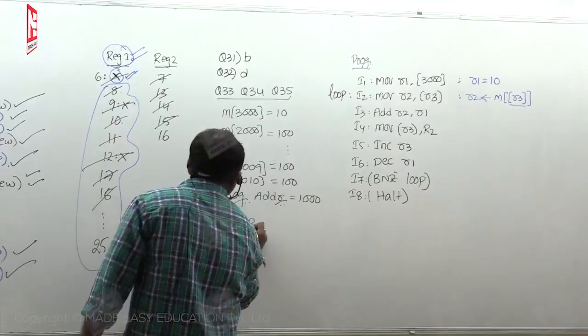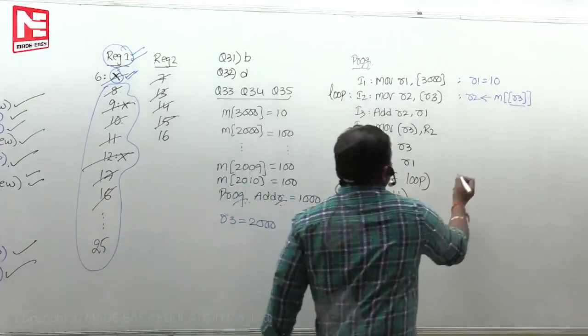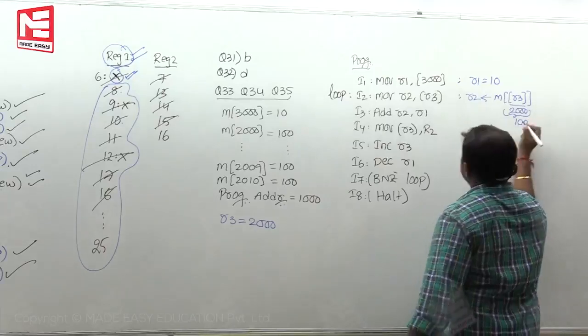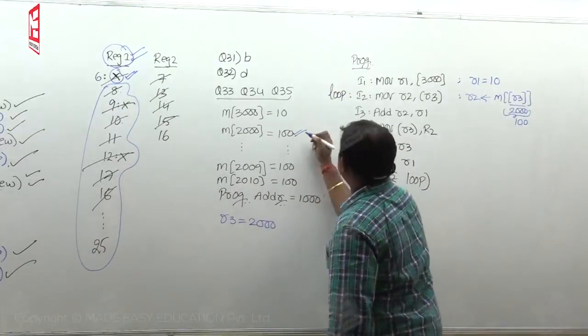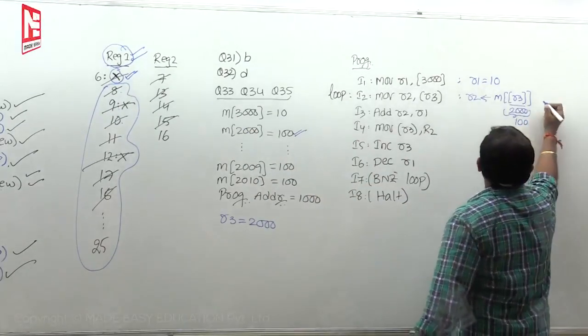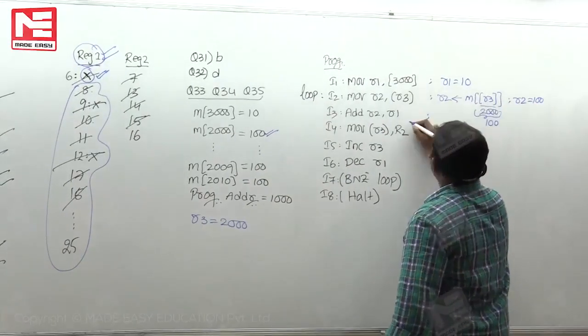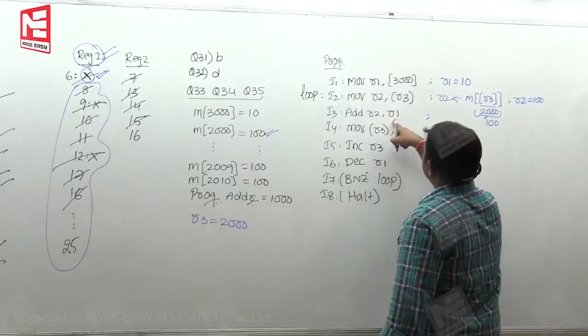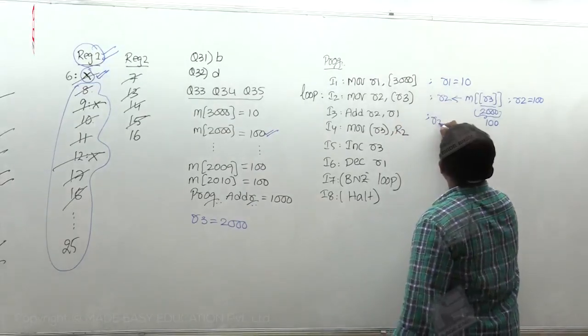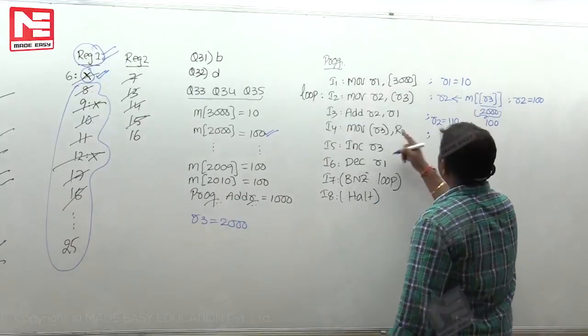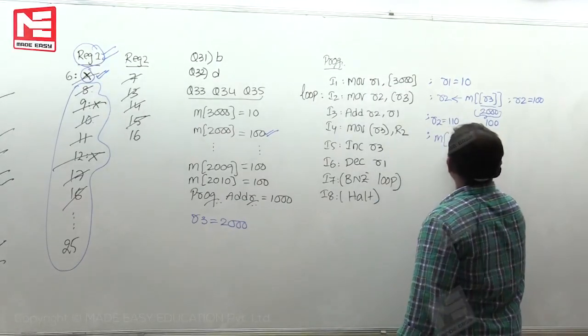Memory content of 2000 is 100. So finally R2 equals 100. Next, add R2 plus R1. So R2 equals 110.